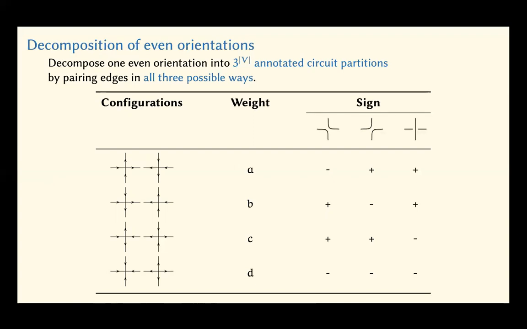So for each even orientation and for a particular vertex, if we look at, for example, the top left configuration, it has weight A, and it has 2 incoming edges and 2 outgoing edges. So if we pair an incoming edge with an outgoing edge, we give a plus sign. If we pair incoming with incoming and outgoing with outgoing, we give it a minus sign.